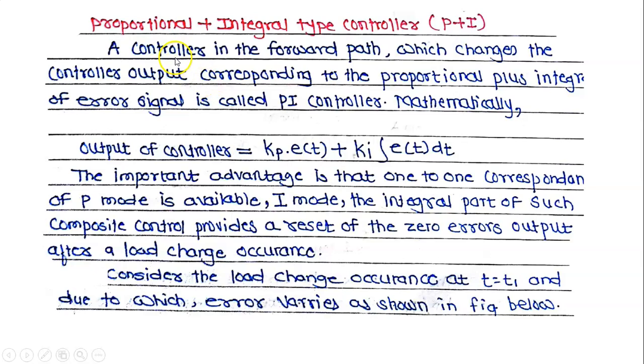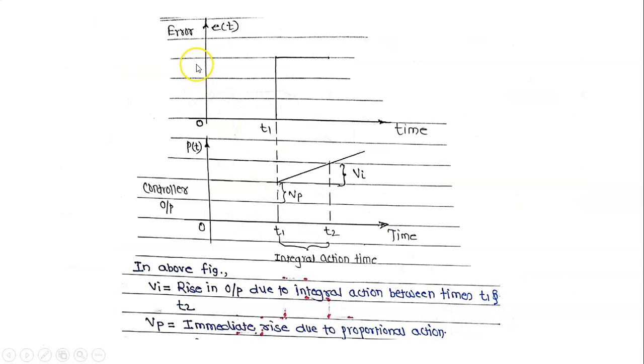Consider a load change occurring at t equal to t1, due to which the error varies as shown in the figure below. In the first graph, on the y-axis error, that is e(t), is there. On the x-axis time is there.